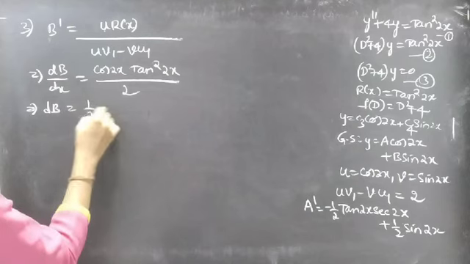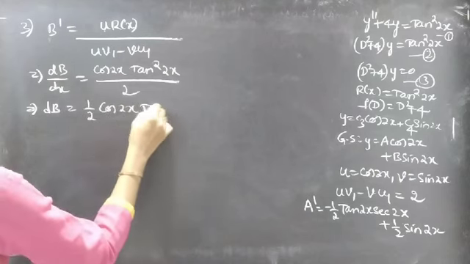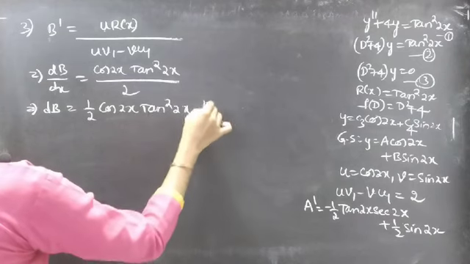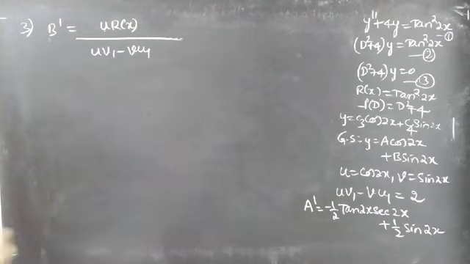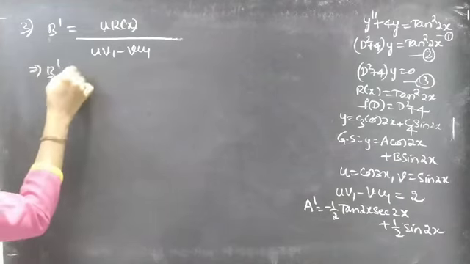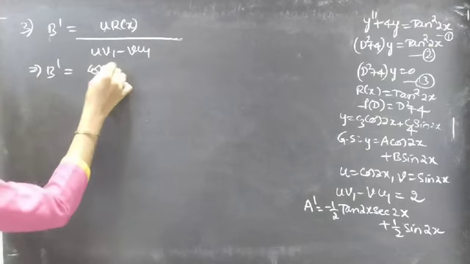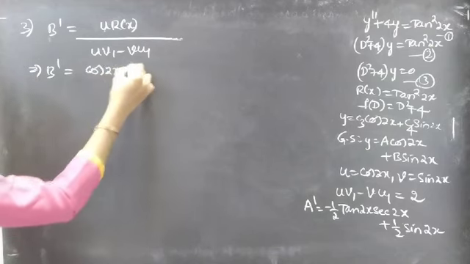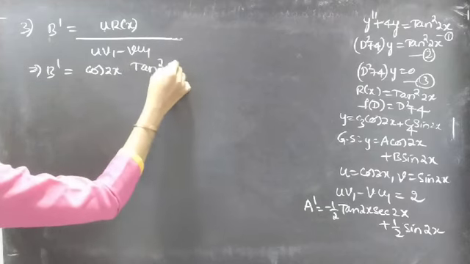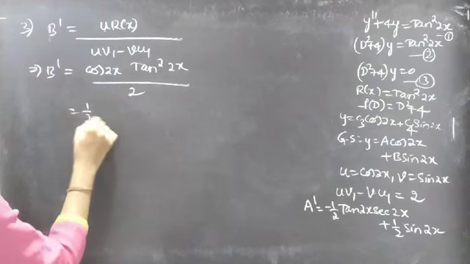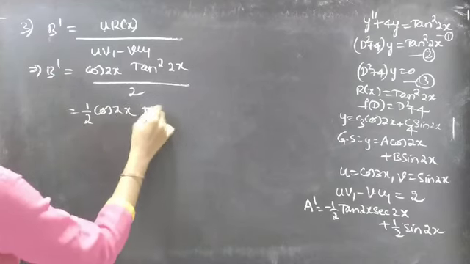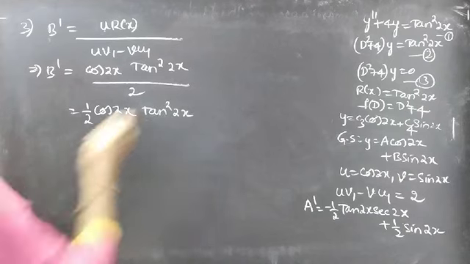We'll get db equal to 1 by 2 cos 2x tan square 2x into dx. Sorry, here firstly we need to find b dash, right? Let's find b dash. B dash equals cos 2x into r of x, tan square 2x, by u v1 minus vu1, which is 2. This equals 1 by 2 into cos 2x into tan square 2x.